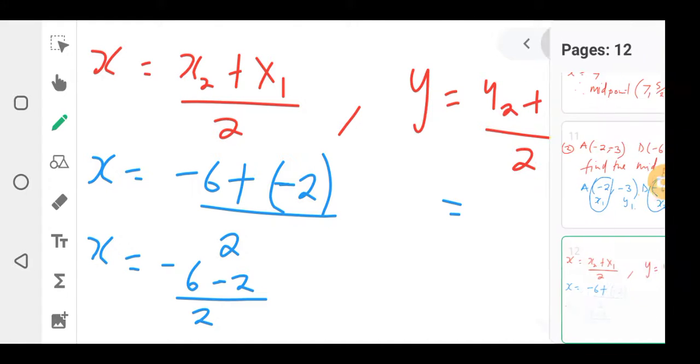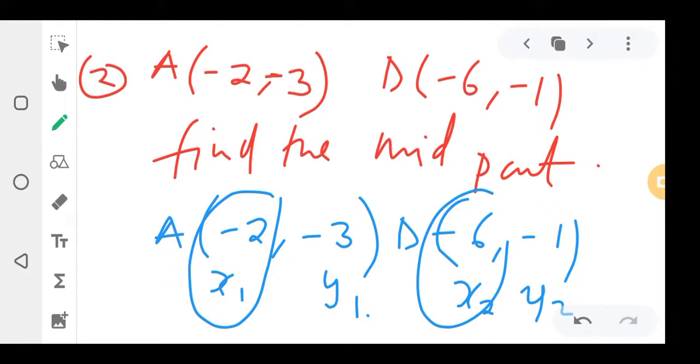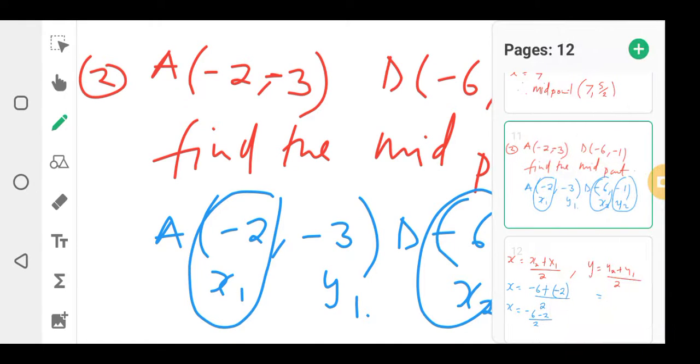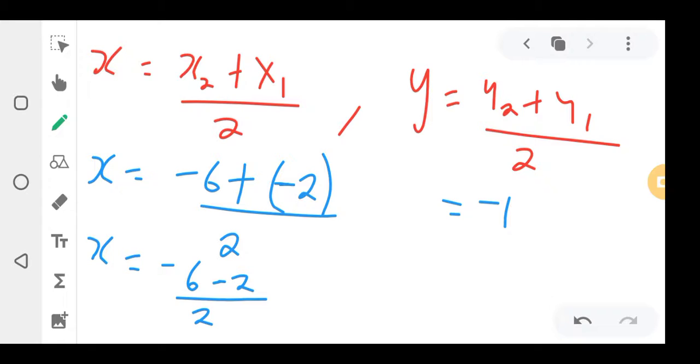What is y2? Y2 is what, guys? y2 is -1. Is this one? y2 here, it's -1. So on y2 I'll put -1, guys. y2 I put -1 plus what is y1?